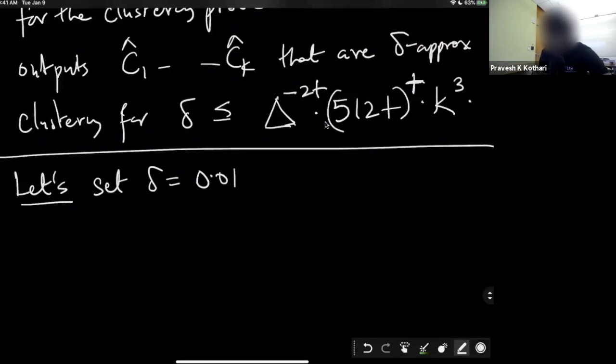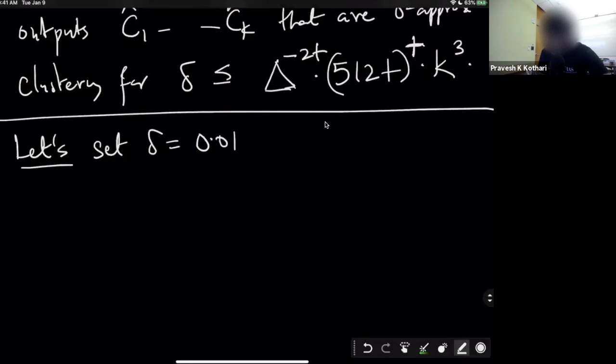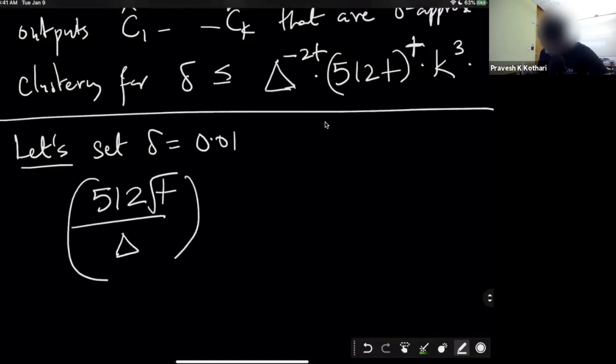So if I want delta to be 0.01, I'm going to write down the expression I wrote above: delta square to the t.